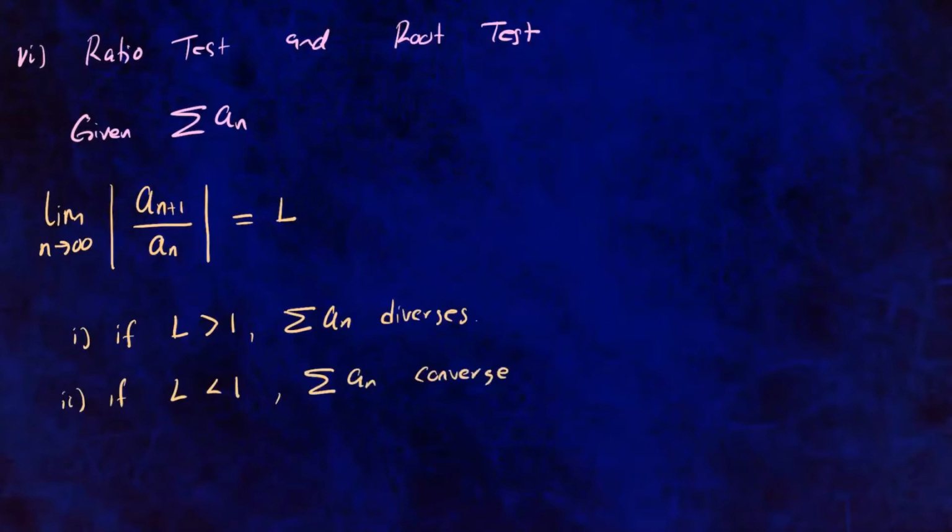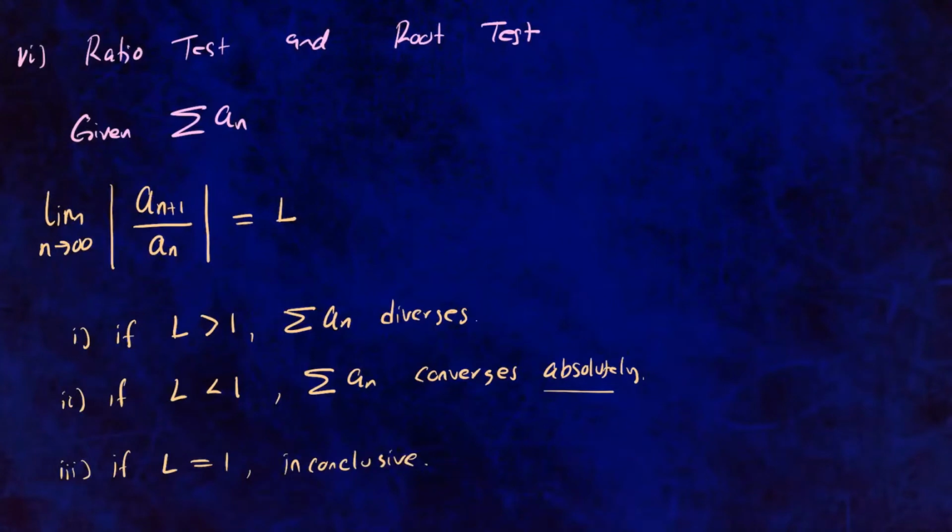Not just converges, it actually converges absolutely. Because you put the absolute value around your terms, it's going to be absolutely convergent. So keep that in mind. And the third case, if L is exactly 1, then the test fails, so inconclusive. So you'll have to go to another test.